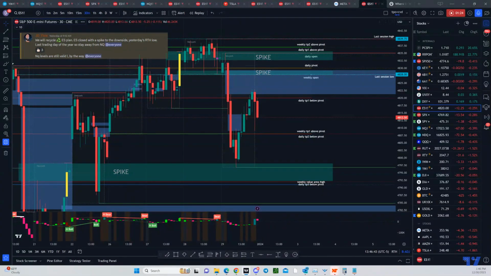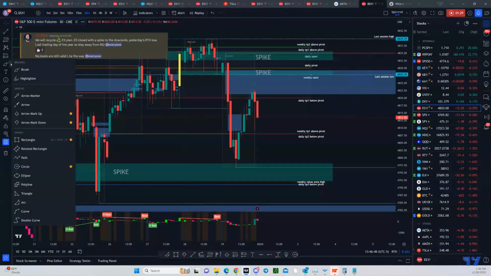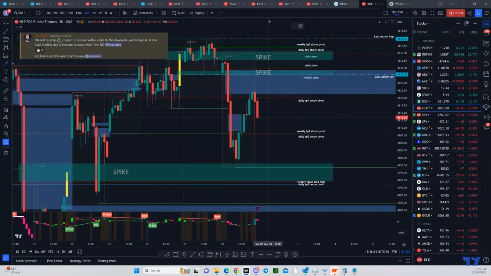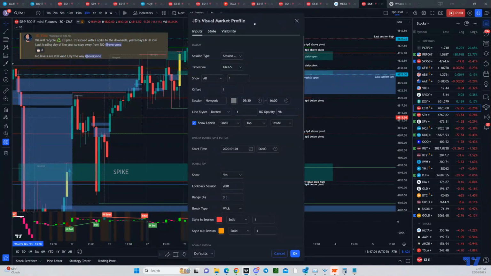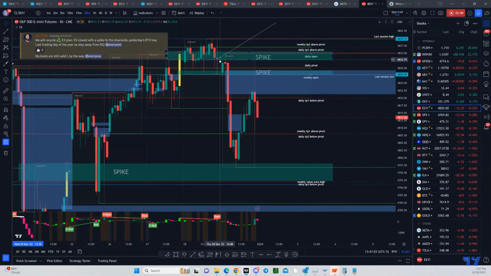When I said that the ES closed with a spike to the downside yesterday, what I meant was this purple candle right here in my indicator, which I call JD's visual market profile. You'll be able to see this RTH only chart. This purple candle indicates a downside spike, as opposed to the yellow candle, which indicates a spike to the upside.